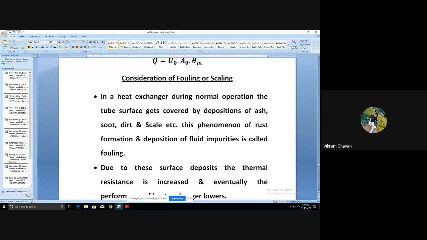And the name, or nomenclature, for such a deposition is scale.